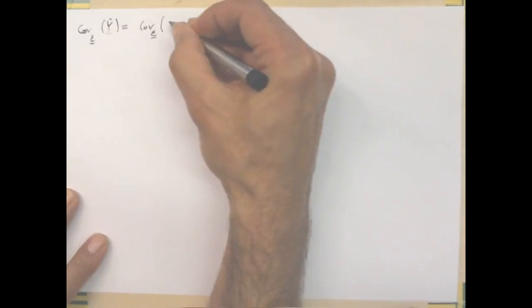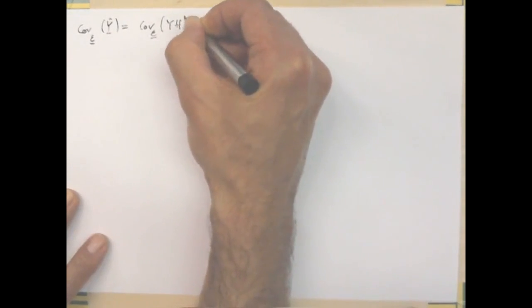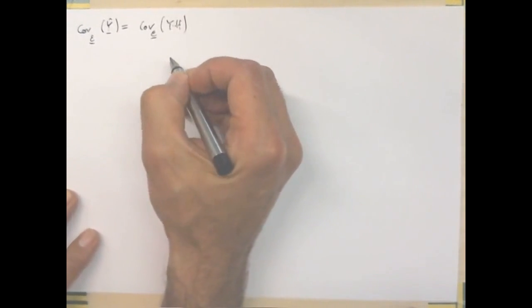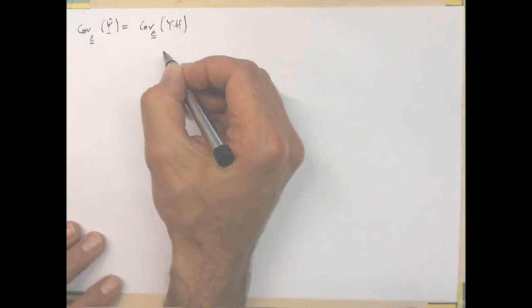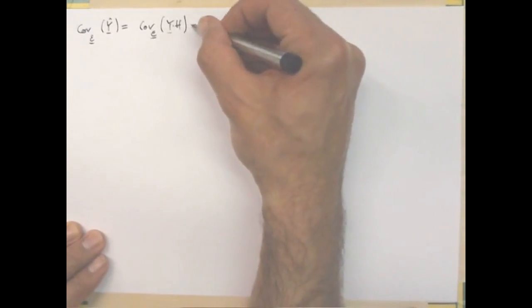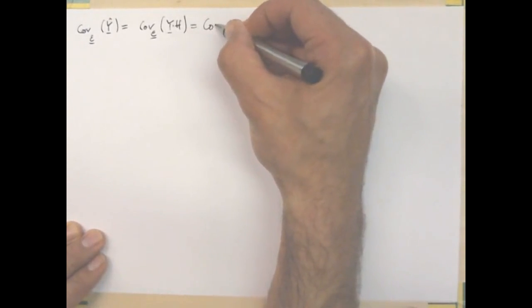So I'm replacing my estimates by the observed values multiplied with the hat matrix. And the observed values are a random variable in our model because they depend on this random noise term.